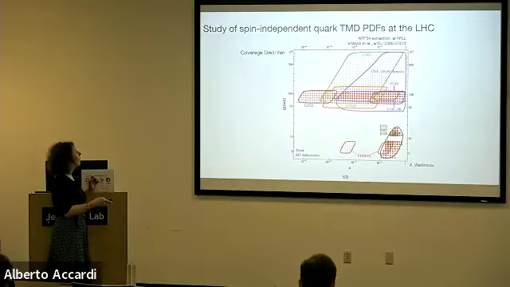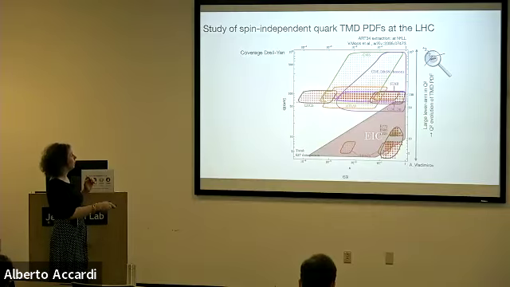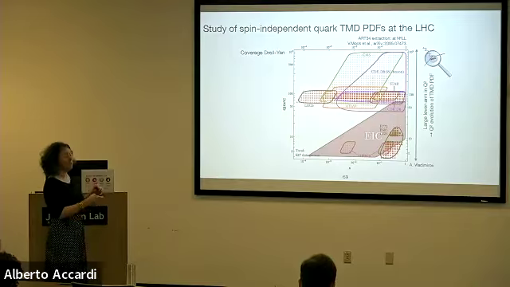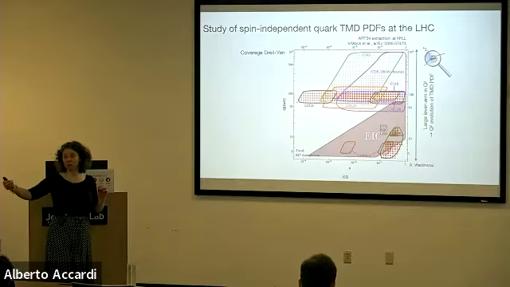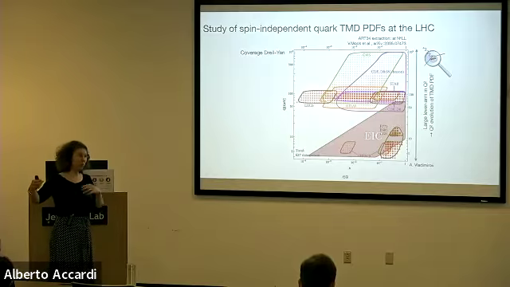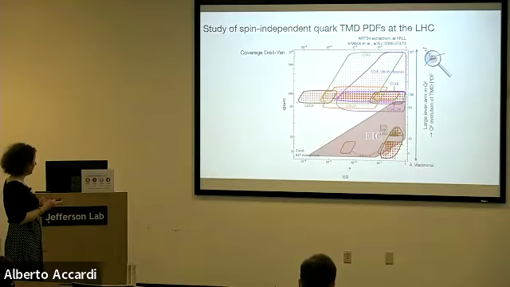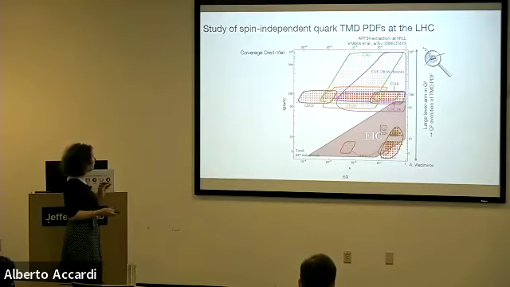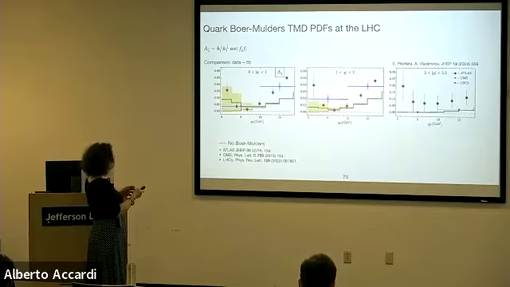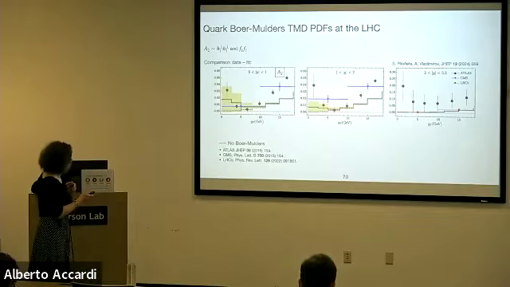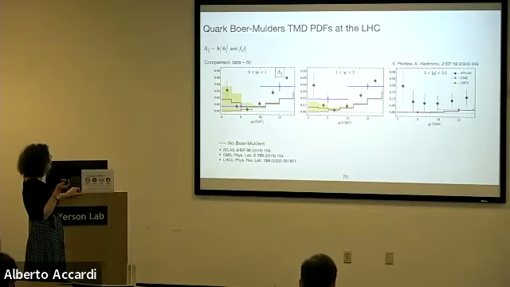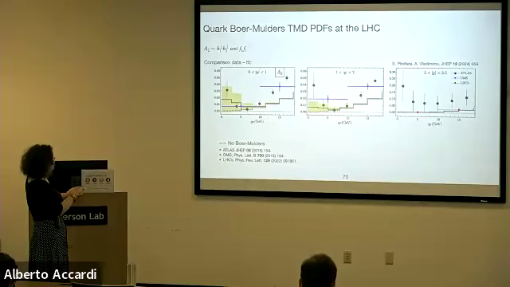So if you have a very large range in Q squared, you can really start to study the evolution with Q squared of your TMD. This is already nice from the LHC by itself regardless of spin. But in addition, at the LHC, we can now also probe these Boer-Mulders distributions by looking at different modulations, and this has been done.